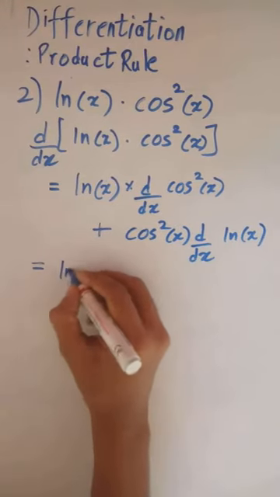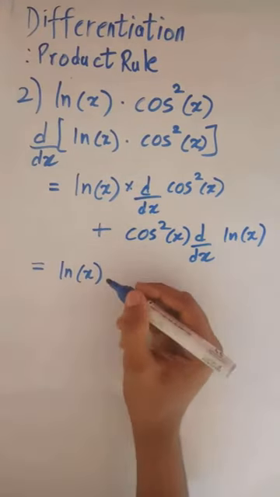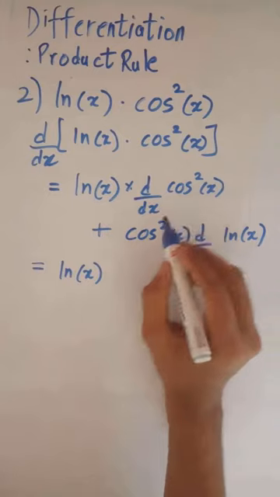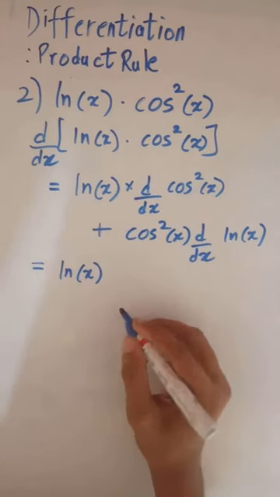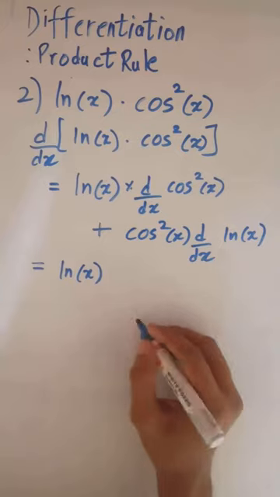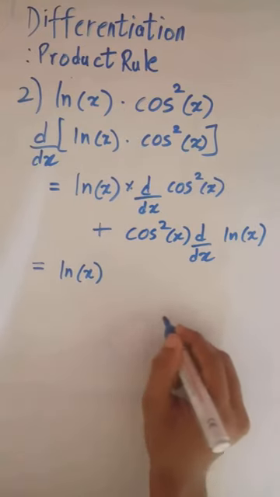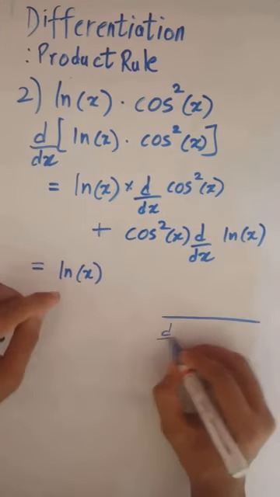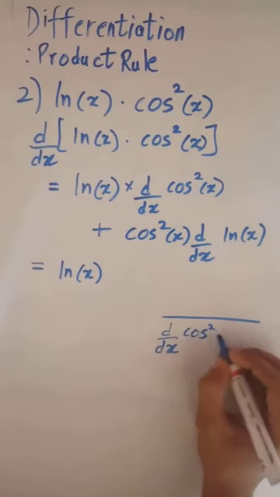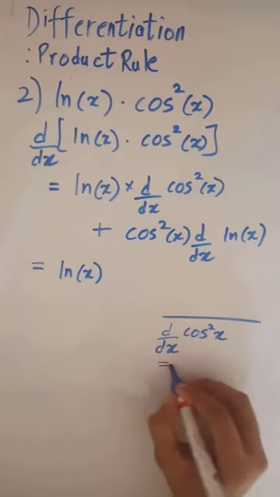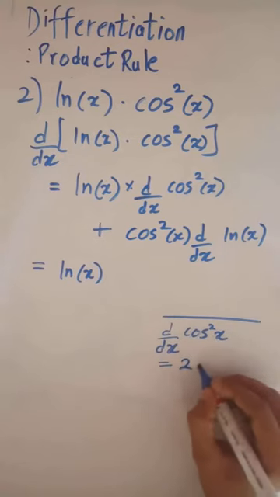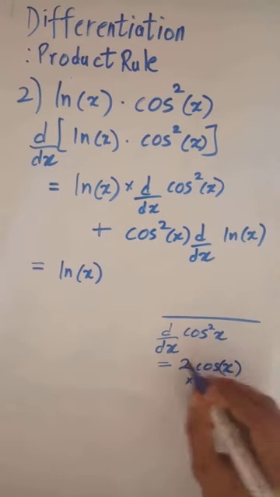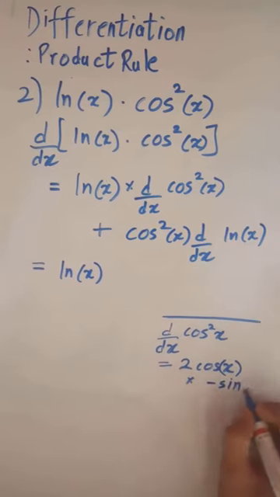So I write down here the natural log of x. Now the derivative of cos square of x, we can find it using the chain rule. So basically, if I just calculate it separately here, using the chain rule, this would be equal to 2 times cos x multiplied by the derivative of cos x, which is minus sin x.